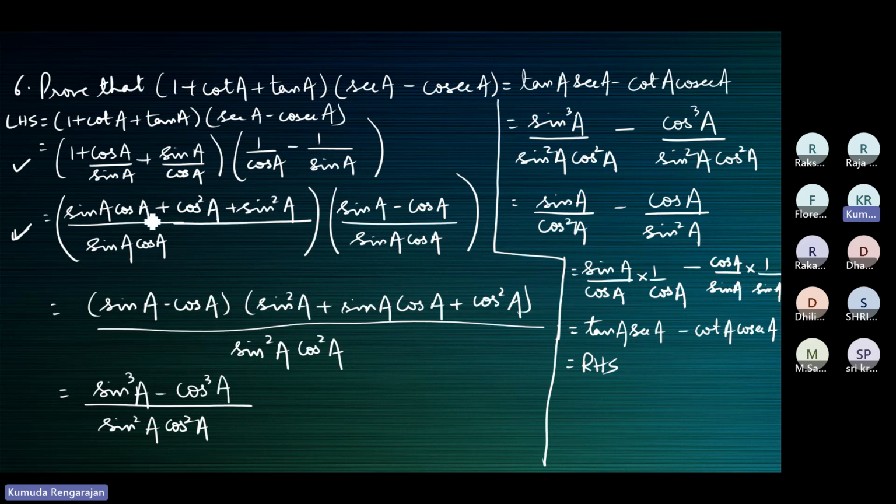So sine square a plus sine a cos a plus cos square a. The identity is a minus b into a square plus ab plus b square, which is nothing but a cubed minus b cubed.